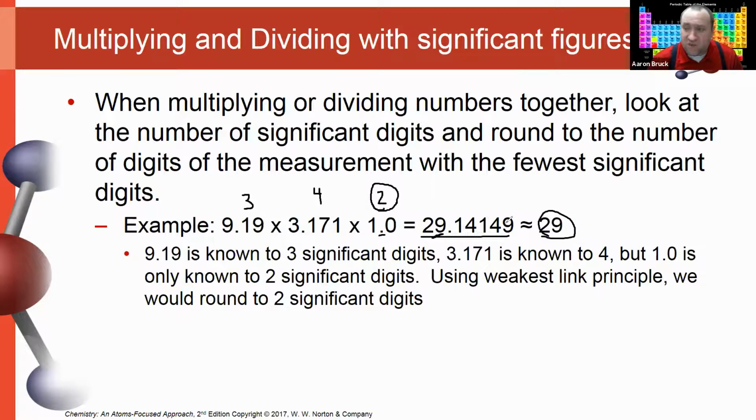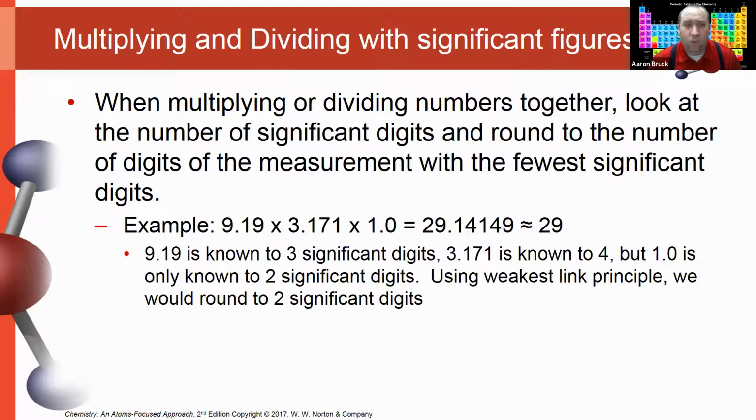But just because your calculator generates them doesn't mean that they're significant. You have to use your brain and your guidelines to make sure that you are determining which numbers are significant, which ones are estimated, and which ones don't matter. And so in this case, 29 is the correct answer. 9 is the estimated digit. Everything else after that really doesn't matter at all.